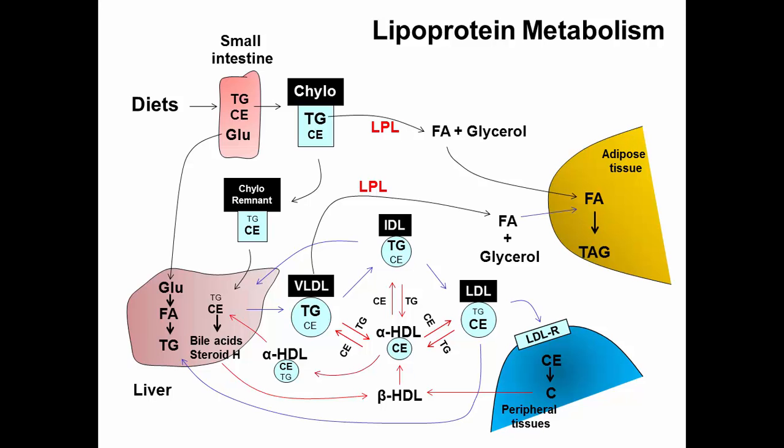But this chylomicron remnant is eventually picked up by the liver, and an apoprotein on the chylomicron is important for this pickup, right? Can you tell me which one? ApoE, yeah, I think everybody knows, right? ApoE is important for this pickup of chylomicron remnant. Okay, so this is the chylomicron.